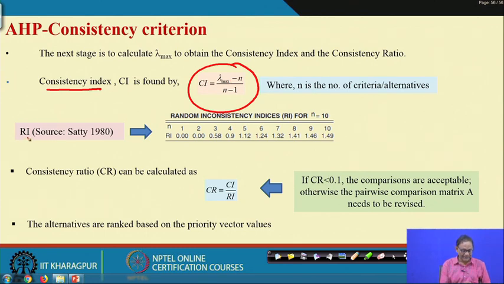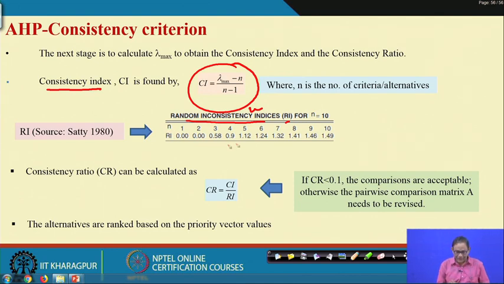Then there is another index called the random inconsistency index, RI. Saaty has given the random inconsistency index for n up to 10, meaning 10 alternatives or 10 criteria to be compared.